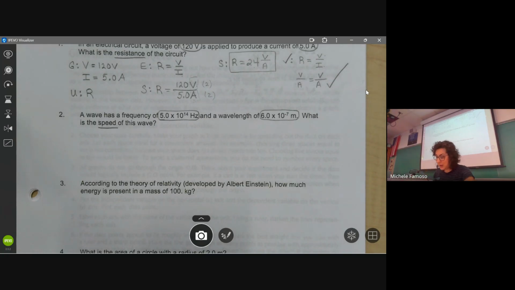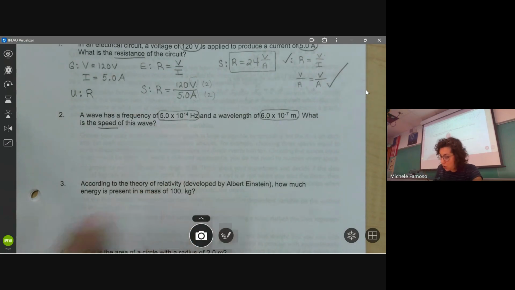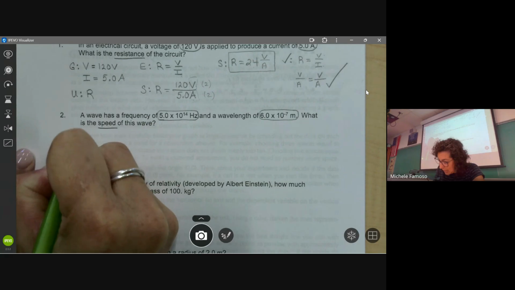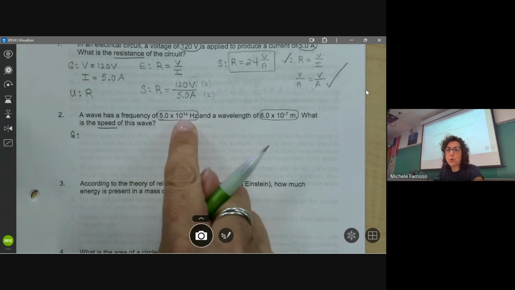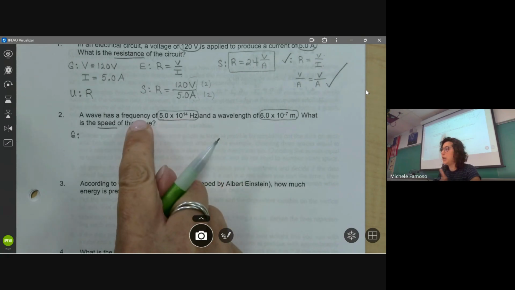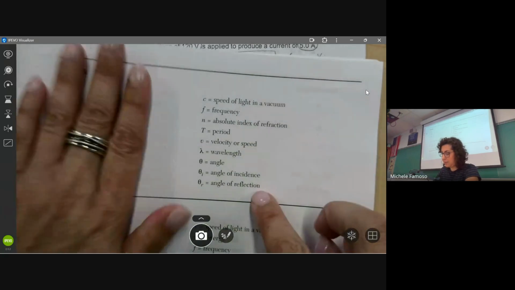It's on waves. So now we got to look up the variable letter that we're going to use for this measurement. Notice it says in the question that it is a frequency. So look at this section, look at the right-hand side. Gianna, can you tell me what letter they want us to use for frequency? Just the right-hand column here.